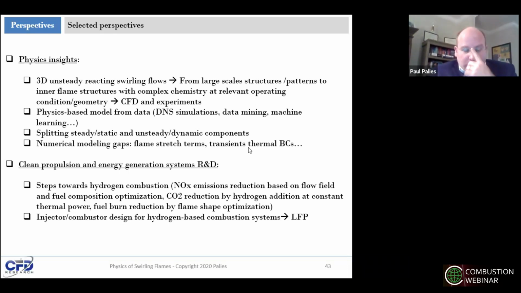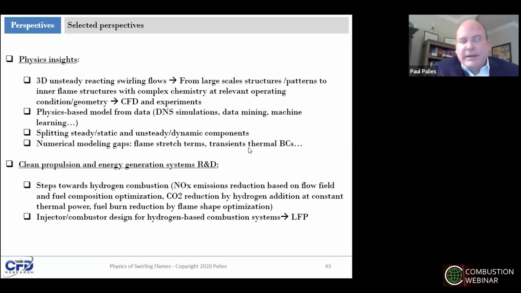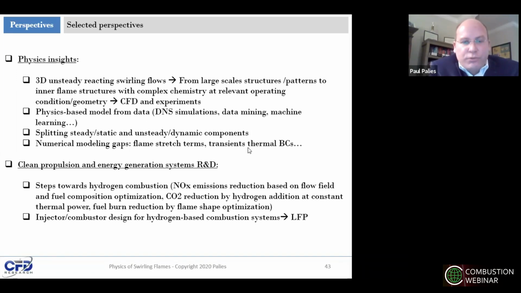There are a couple more questions, and one specifically is asked by Professor Bob Debo: can you imagine burning hydrogen in existing combustors, with no physical change of engine? That is, I think, also a question lots of OEMs are asking. This is a great question. As of today, there is a push for hydrogen-based combustion. How will we do it? Well, we know how to do hydrogen combustion at the laboratory scale.